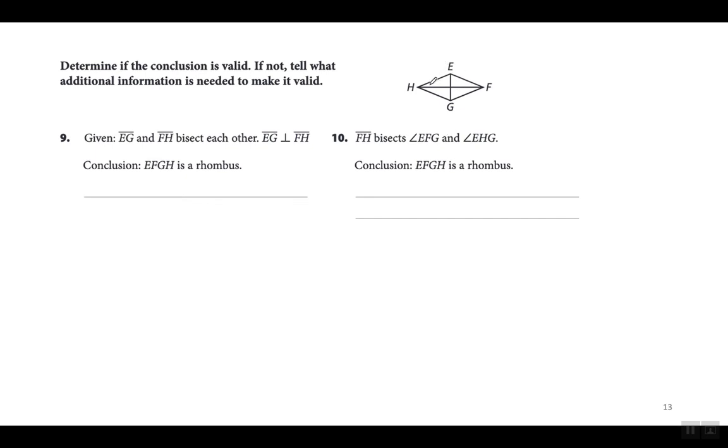In chapter 9.2, we saw that if the diagonals of a quadrilateral bisect each other, then this quadrilateral has to be a parallelogram, okay? And that's what it's telling us here, that yes, this is a parallelogram.